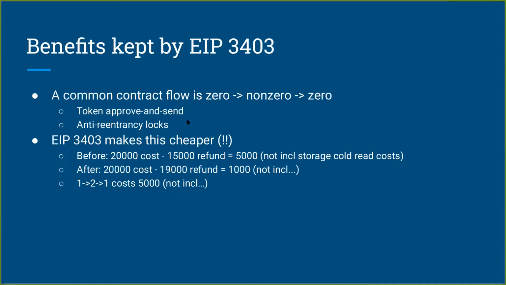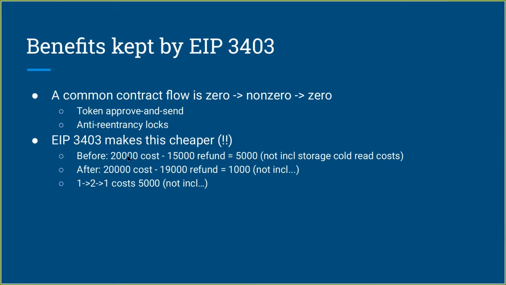And the lovely thing about EIP-3403 is that it actually makes this cheaper. Before, there was a 20,000 cost for setting 0 to non-zero, and then a 15,000 refund for setting non-zero back to 0, so 5,000 total. This does not include storage cold read costs, and it might be off by 100 or 800, I forget, but it's approximately this amount.